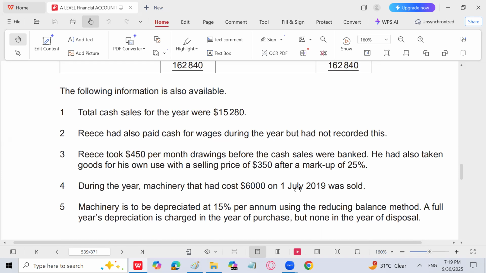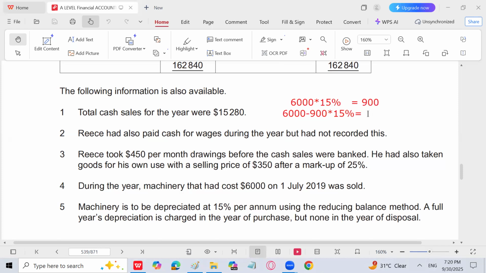Our financial year is from 2021 to 22. It means that the 6,000 asset is used from July 19 to June 20, then from July 20 to June 21, and that's it. Because in the third year, it has been sold, and in the year in which the asset is sold, we will not calculate depreciation. So 6,000 multiplied by 15% is going to be 900. Then again, because it's the reducing balance method, 6,000 minus 900 multiplied by 15% for the second year, 20 to 21.